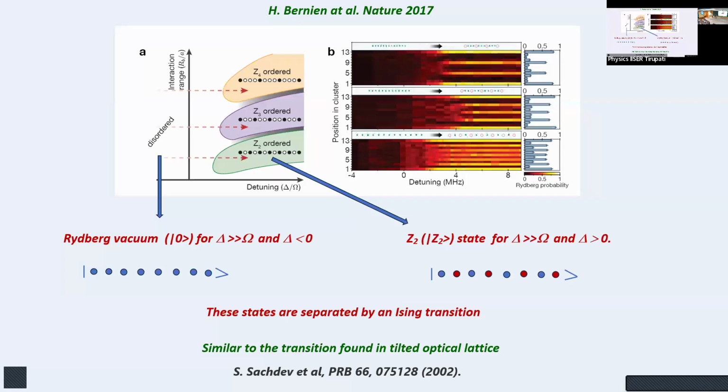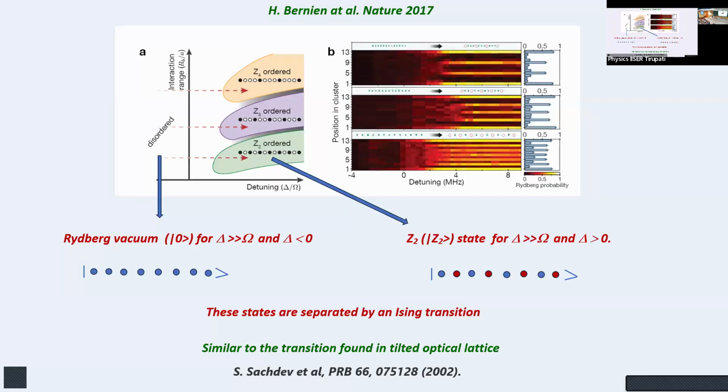Then of course at large positive delta, the system is going to form as many Rydberg excitations as possible, except that it cannot do that. So they can form one at site 1, then 3, 5, 7, etc. There is a Z2 symmetry breaking because they could as well have done it on 2, 4, 6, and so on. And this Ising transition, which we showed for the tilted lattice, just shows up here.